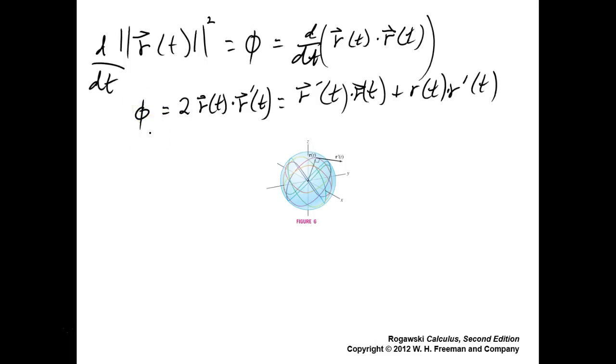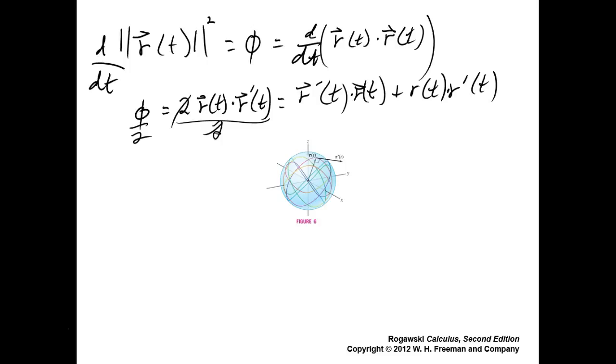Now guess what we do next? Don't have to, but just to get rid of it, divide by 2. And now we have the dot product of r of t and r prime of t is 0. What does that tell you about them? They're orthogonal. So we have just proved what they said.